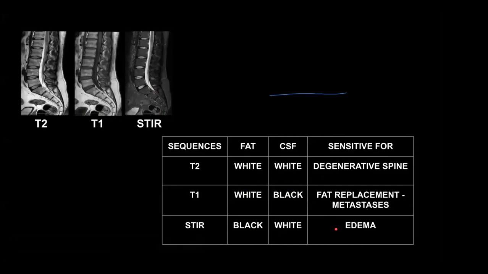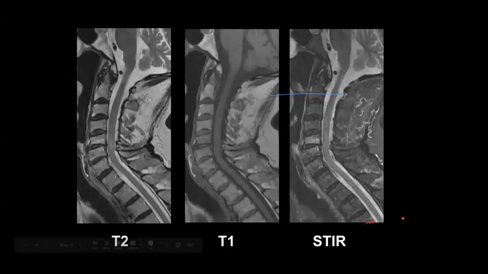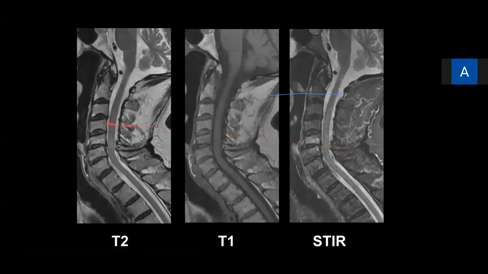Let us see a few examples. Now this is a sagittal sequence of cervical spine. This is a T2 weighted image, T1 weighted image, and STIR image. T2, CSF white, T1, CSF black, STIR, CSF white, but fat is suppressed.